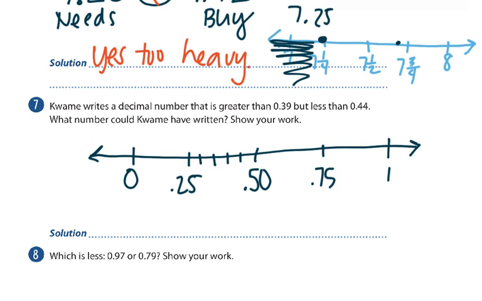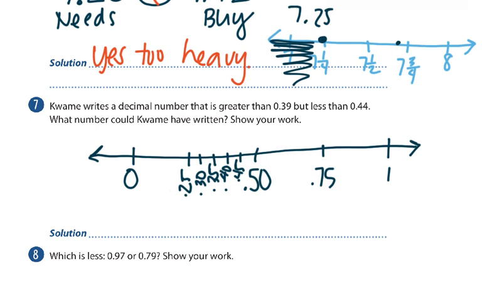I'm going to start writing them on an angle so they all fit better. 0.25, 0.30, 0.35, 0.40, 0.45. Yeah, 0.50. And then it says I need a number that is greater than 0.39.